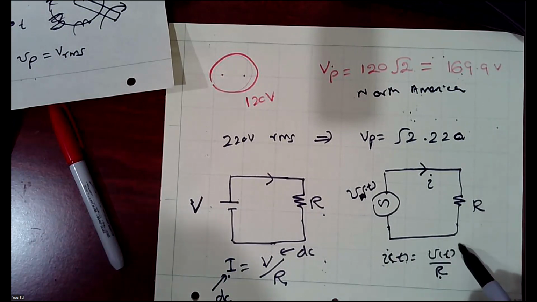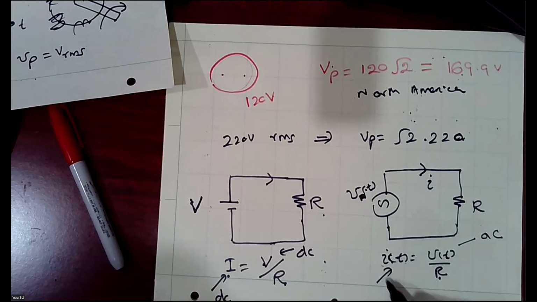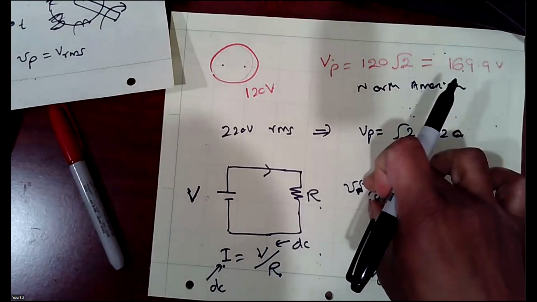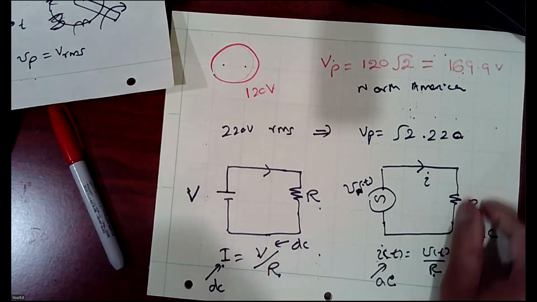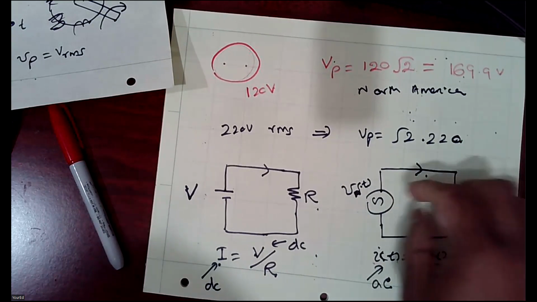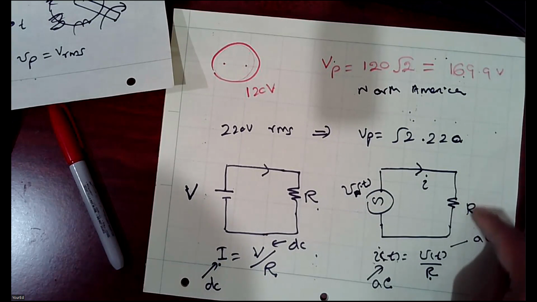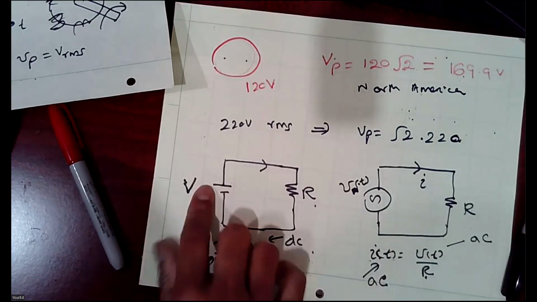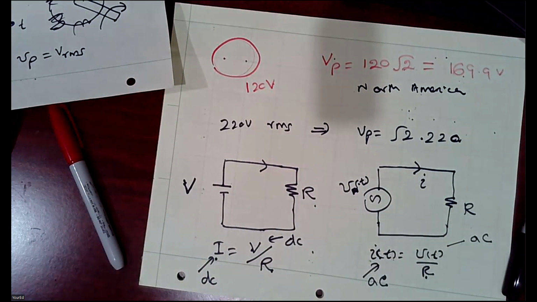Since V(t) is sinusoidal or AC, dividing by a static number, you get AC current also. Remember, if you have voltage, your current is determined by the load, how much barrier you have here. So it will start to draw this amount of current. If it is an AC voltage and a resistance, you get an AC current. If it is a DC voltage source and the resistance is the load, you get a DC current. This way you can calculate the current.